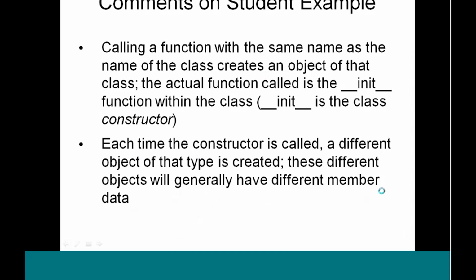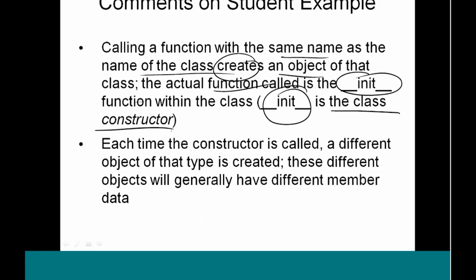So some more comments on the student example. Calling a function with the same name as the name of the class creates an object of the class. The actual function that is called is the underscore init underscore function within that particular class. Underscore init underscore is also known as the class constructor.